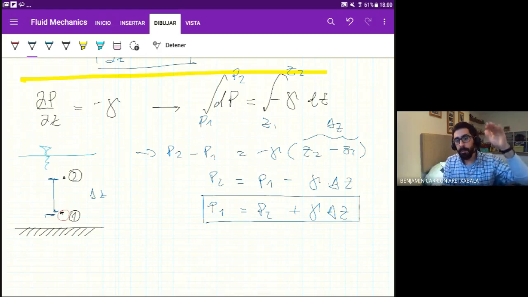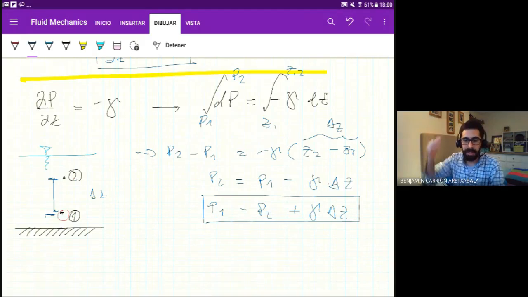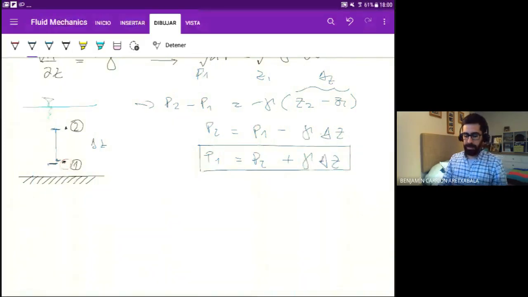So 10 meters of water weigh exactly the same as, I don't know how many kilometers of atmosphere we have, because water, of course, is a lot heavier than air. I'm not going to do it here, but I'm going to leave you the question.